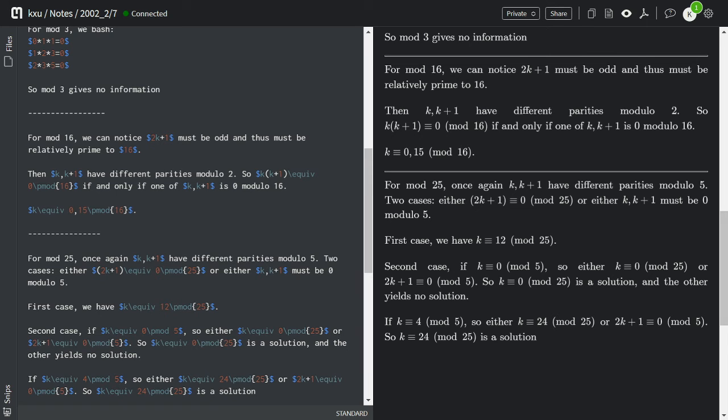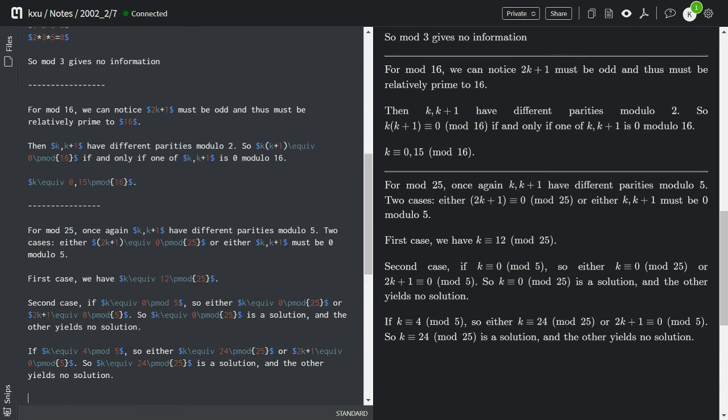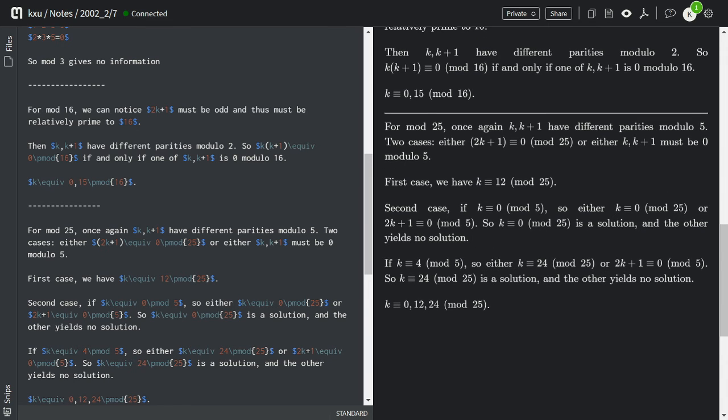And the other one, when we plug it in, we get that 4 times 2 plus 1 is not 0 modulo 5, and therefore the other yields no solution. So basically, k is equivalent to 0, 12, or 24 modulo 25. So these are our conditions on k.